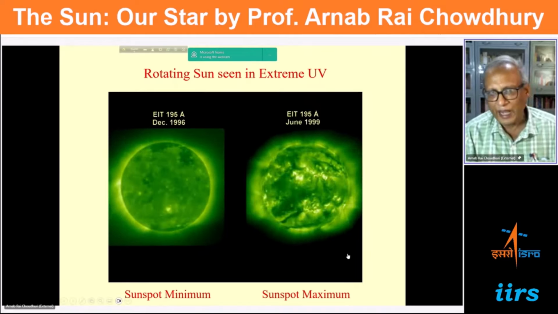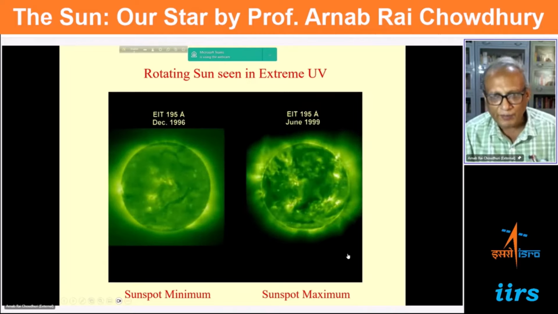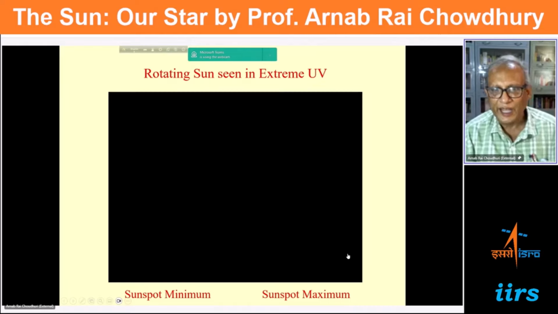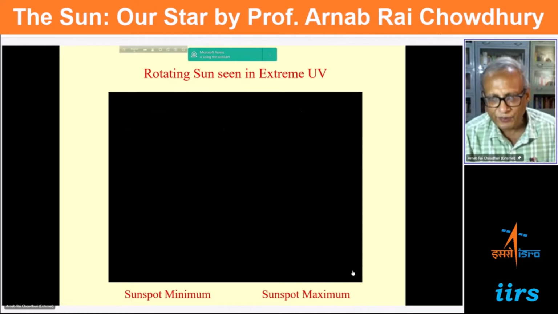So to detect such radiation from the corona, you have to put instruments for detecting X-rays or extreme ultraviolet in space missions and send them above the Earth's atmosphere. And that is routinely done in the last few decades.